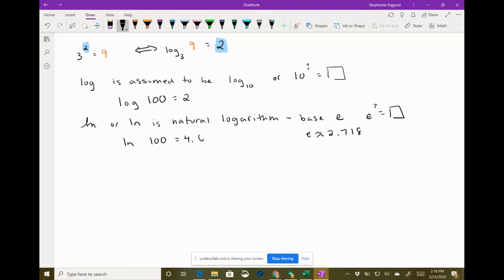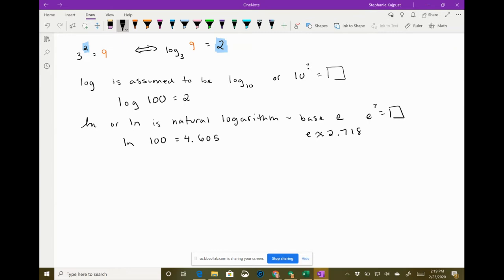We usually round to 3 decimal places. So if you took the natural log of 100, ln 100, you get 4.605. So those are the two basic ones, and that's what you have calculator buttons for.